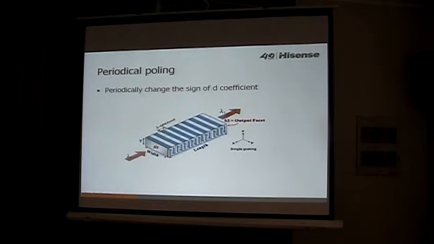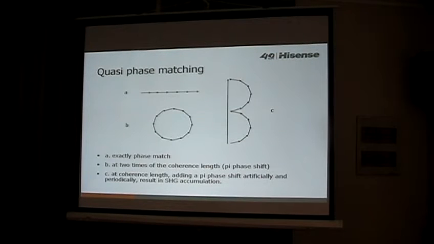So, for example, we have a layer of nonlinear optical crystal. The coherence length means the thickness of the nonlinear optical crystal where we reach this half circle.